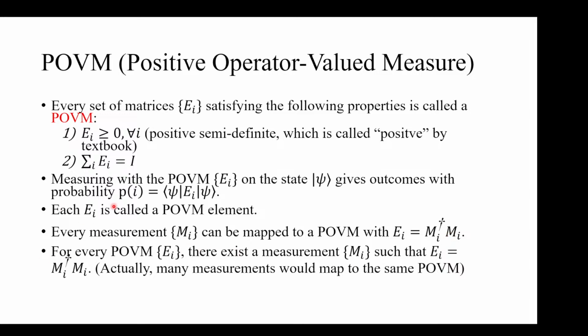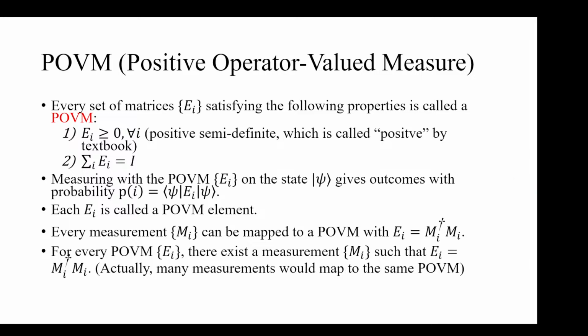And so we can quickly check that those two conditions are met. M_i dagger M_i is a positive operator. It's pretty easy to check because the intuition is that it's a square, but you can also sandwich it between any vector. Let's write that down a little bit.